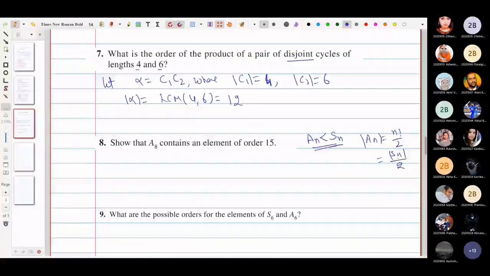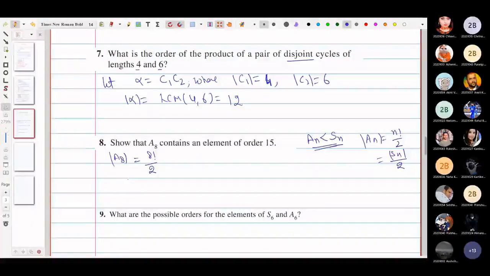That is, An contains exactly half the number of elements of Sn. An is the collection of all even permutations in Sn. So if we are talking about A8, then it has order 8 factorial by 2.